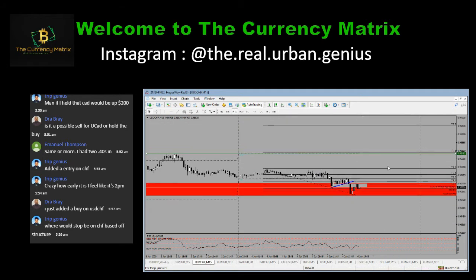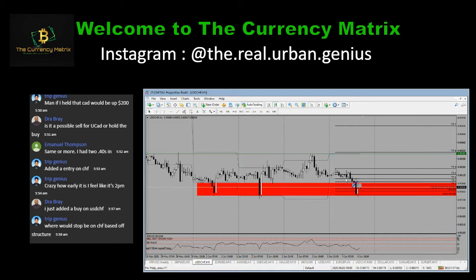Based on USD CHF structure, it would be right behind this hour structure. It will be right there, and that is 957.8, 956.